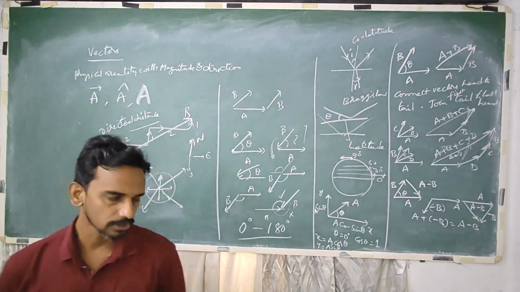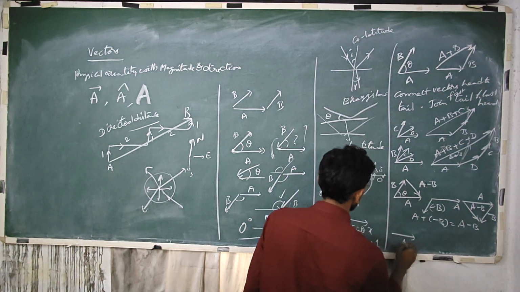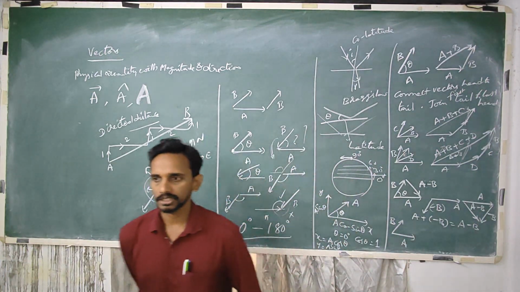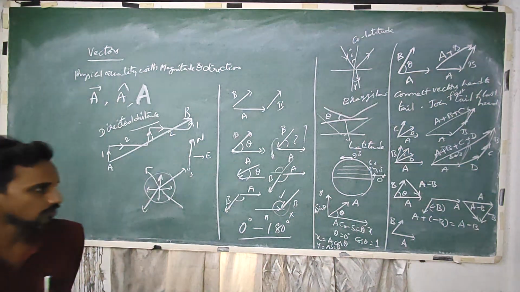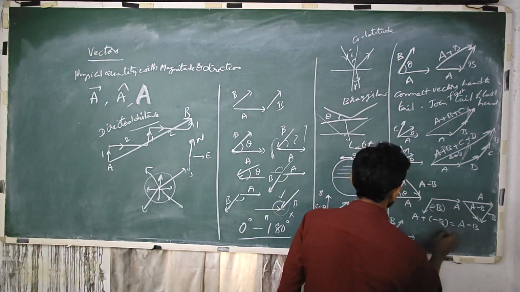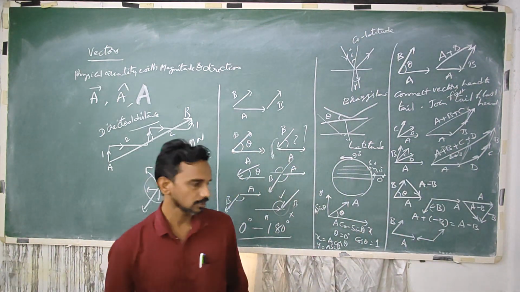Let's say if you want to calculate b minus a, what direction will it be? Let's say this is a, this is b, and you want to calculate b minus a. What to do? You have to flip the vector a. So b remains as it is, and for a you have to take mirror image.